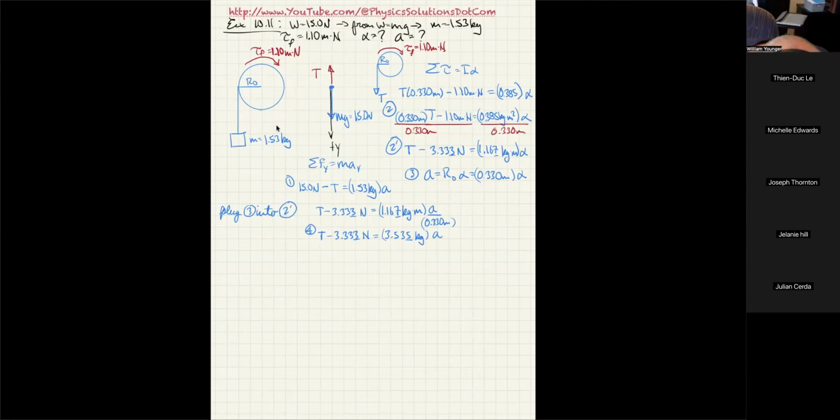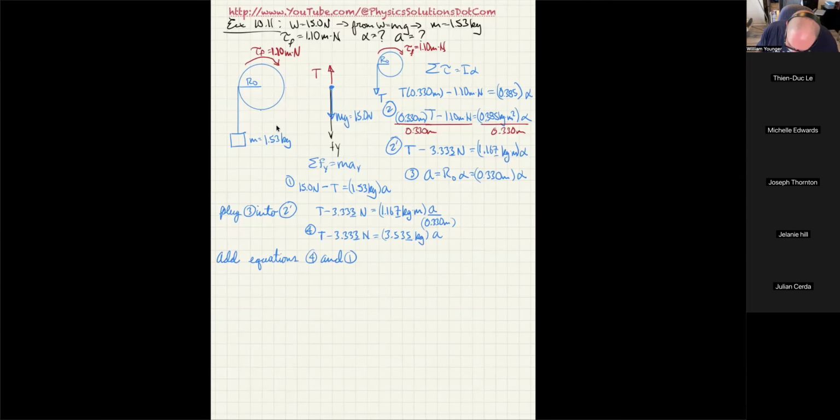And now what I'm going to do is add equations 4 and 1. The reason why I'm adding them is because one of them has a positive T and the other one has a minus T, so they easily eliminate that variable.